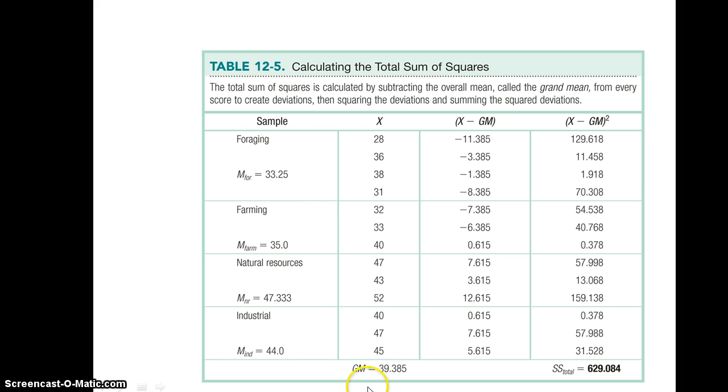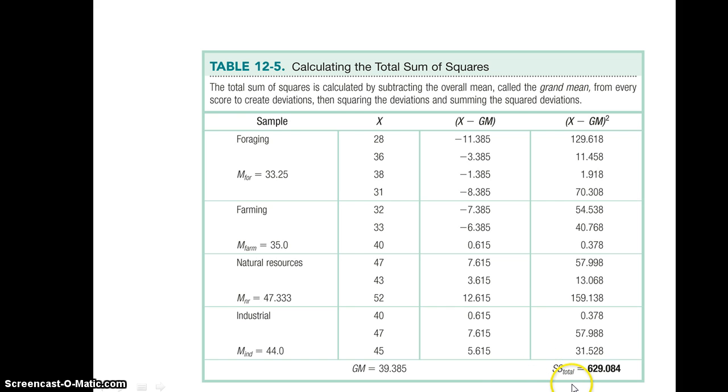That grand mean here is 39.385. Now the rest of this should look familiar, because we take each individual score and subtract out the grand mean. Some of the scores are below the mean and some are above the mean. We square each of those individual values, just like the first part of calculating a standard deviation, and we get the sums of squares total.